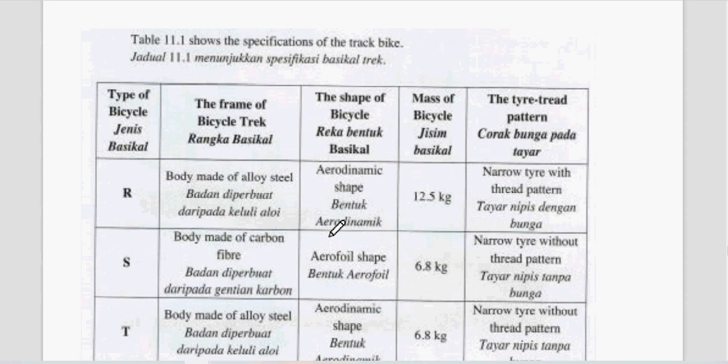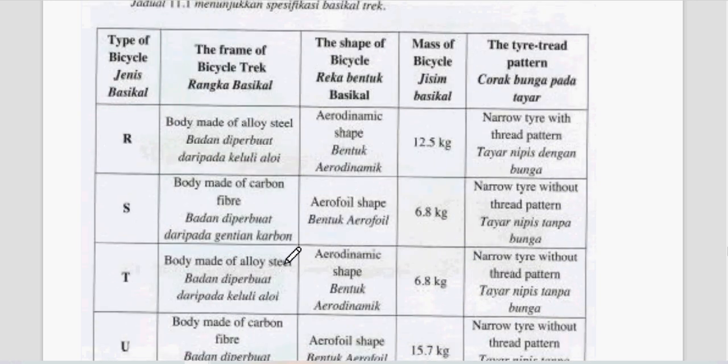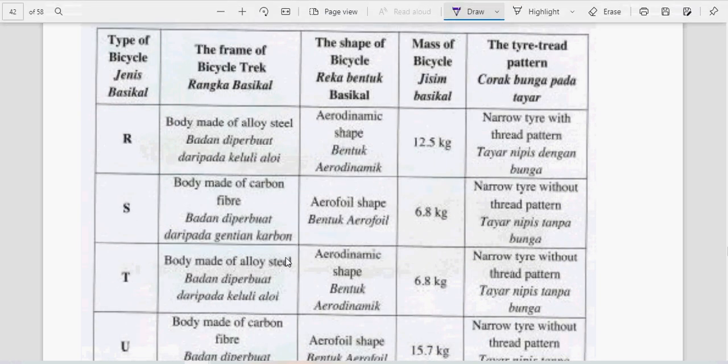We want to help him, right? The table shows the specification of the track bike. So we have track bike R, S, T, U, and here given is the frame. This is a section C question. I can say this is a closed response where the physical quantities are already given in the table.